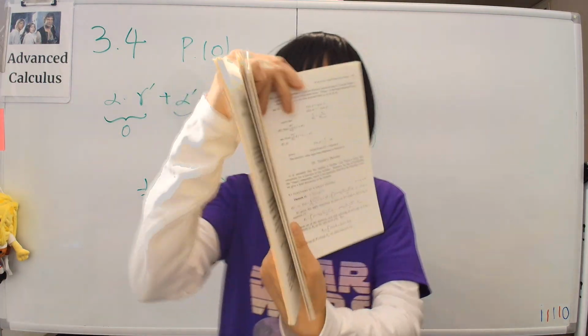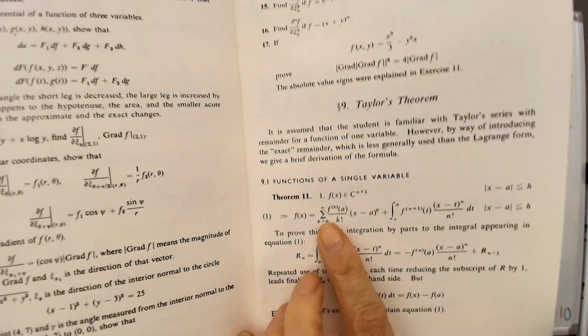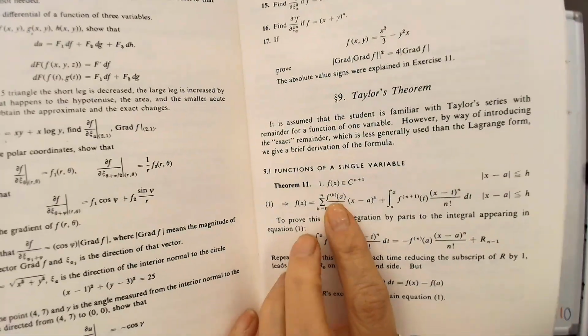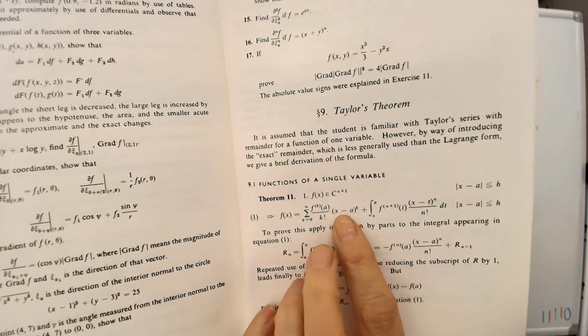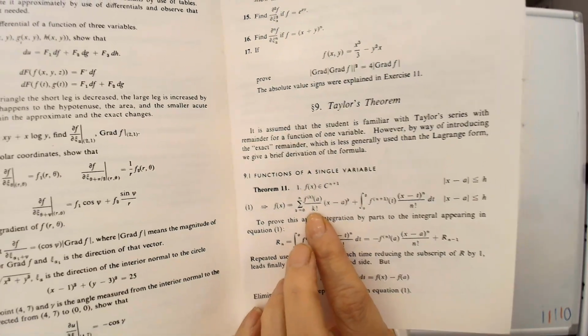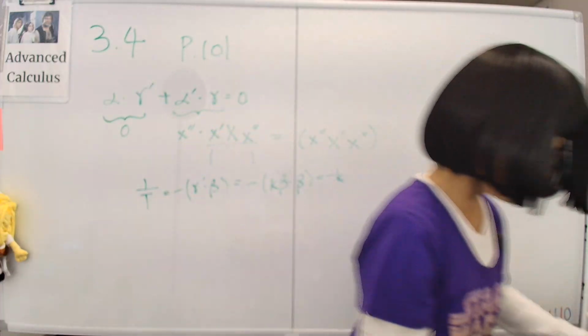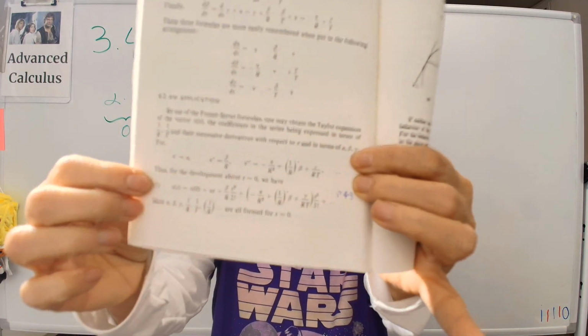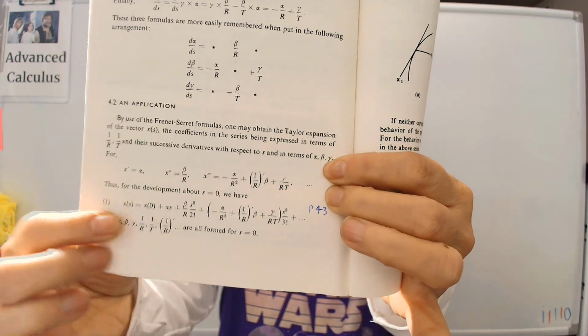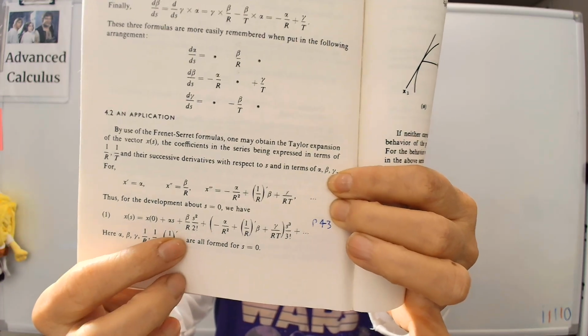The Taylor expansion is on page 43, and remember what it was. It's the sum of the derivative times x minus some point, divided by the factorial. And that is exactly what we're doing here, except that we're doing all 3 components at the same time. So we write things in vector form, but the principle is the same.